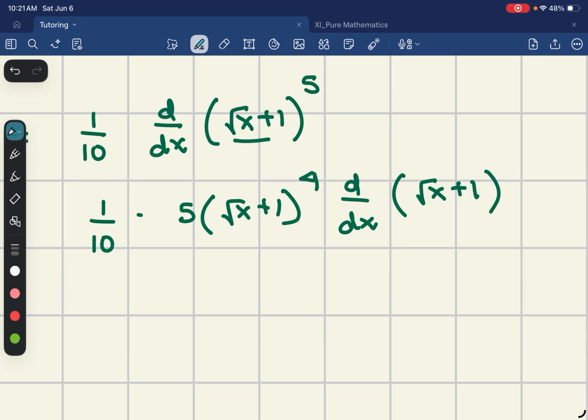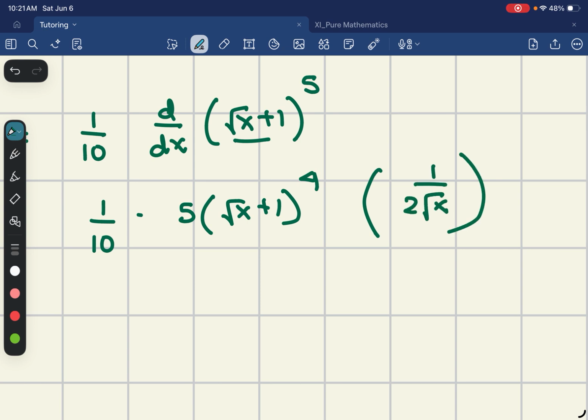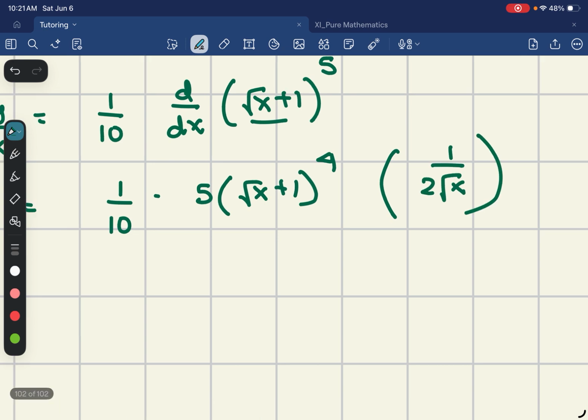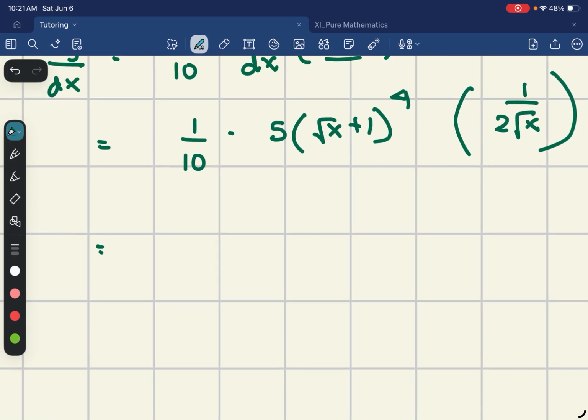I don't have to worry about that. d by dx of square root of x, well, I gave you a formula for that, and that is 1 over 2 square root of x. And if you simplify everything, you are going to get this expression, (square root of x plus 1) to the power of 4 divided by 4 square root of x.